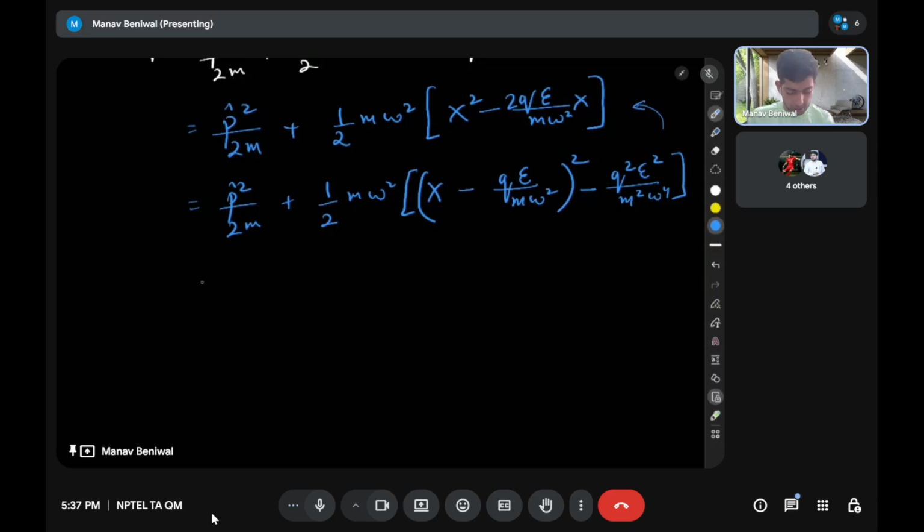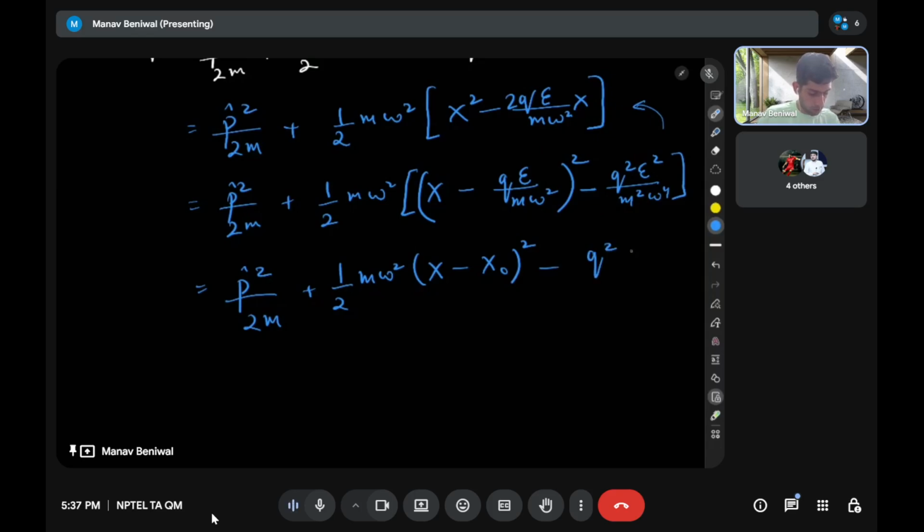So let's write this as p squared over 2m plus half m omega squared times x minus, let's say this is some x naught, and then minus q squared E squared upon 2, so this m will cancel out one of the squares, and this omega squared.